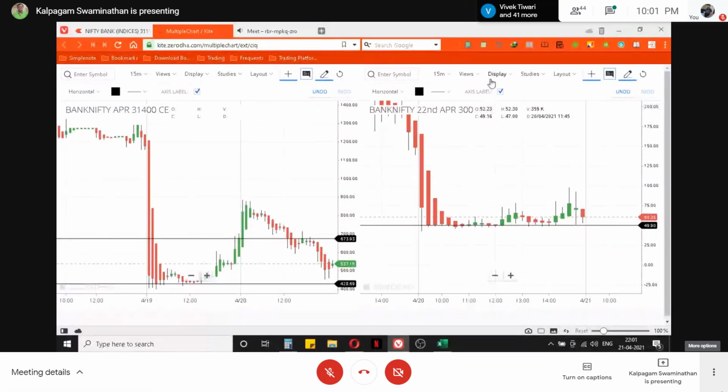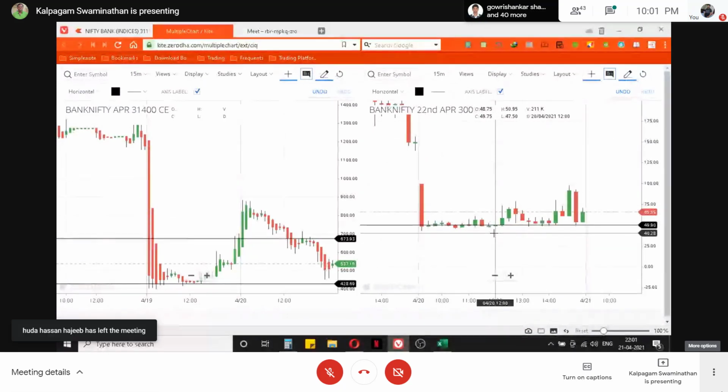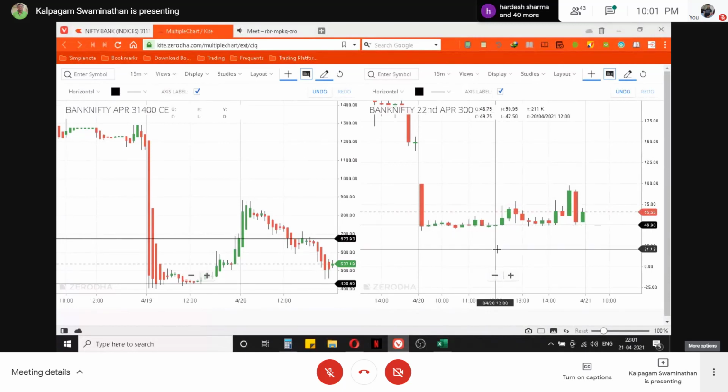The 12 o'clock candle, if you see, was this candle. High was 50.95 and low was 47.5. I'm taking a deep OTM contract just for explaining this. After entering, if it doesn't hit the stop loss, you just sit and wait patiently.